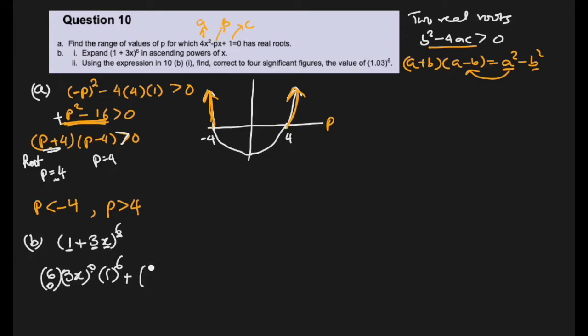Similarly, there will be 6, 1. It went up by 1. Similarly, the power of 3x will also go up by 1. That makes it ascending powers of x, right? But here it will go down by 1. So their sum should be 6. 1 plus 5 is 6. 0 plus 6 is 6. So this is how I'm going to complete this without talking now.